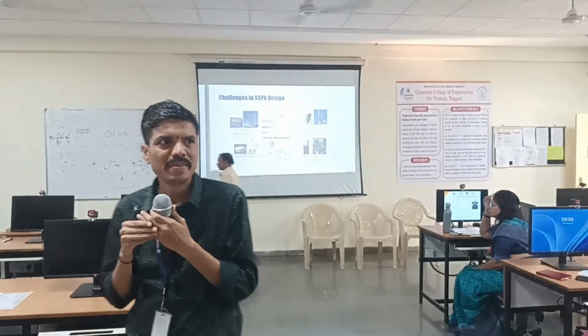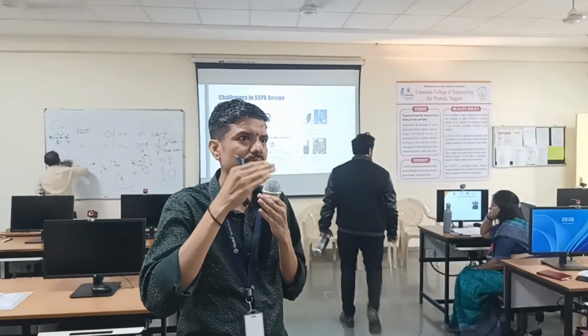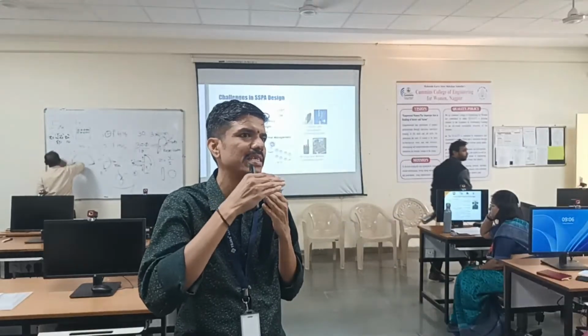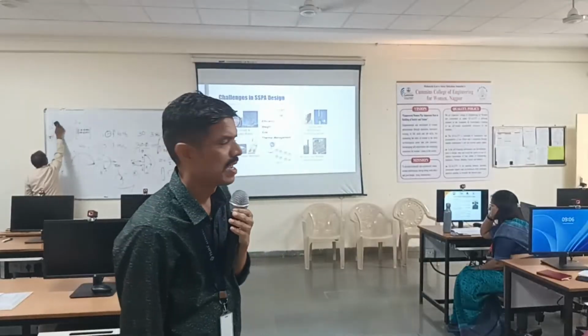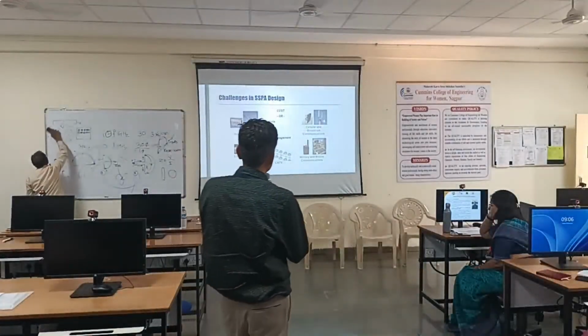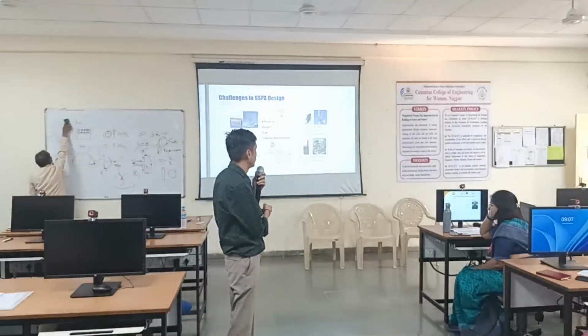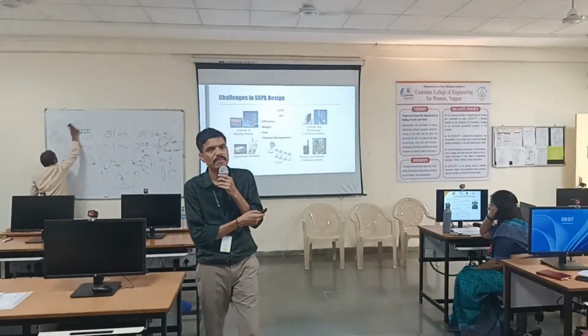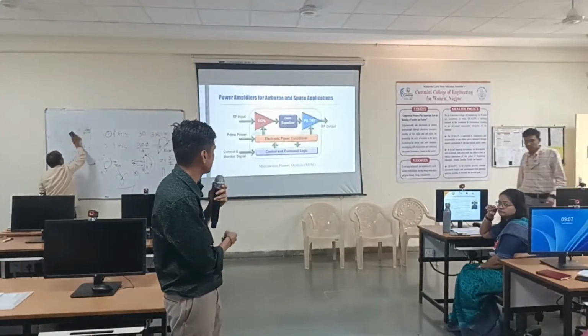Your DC power, how much portion of that DC power is being converted into RF output power? That is what efficiency is. Higher the efficiency, batteries will last longer. So depending on that, few applications need higher efficiency, high output power, or broadband. Depending on that, you have to choose the PAs.